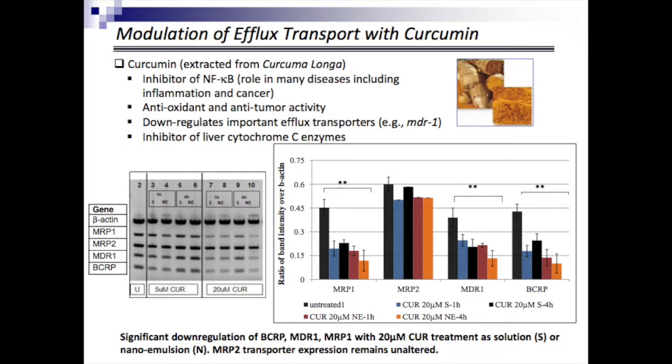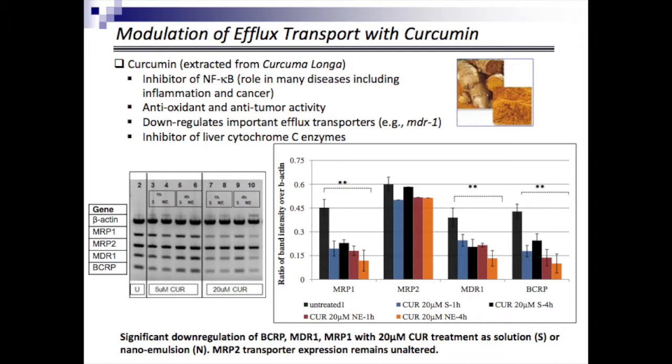But in this study, we wanted to see if curcumin could also inhibit these efflux transporters at the KCO2 cell junction. And what you see is that when you give curcumin pre-treatment on these cells, you are able to decrease the expression of efflux transporters.